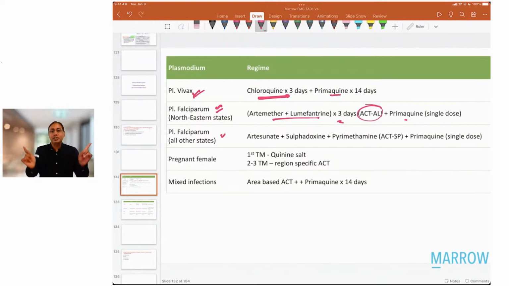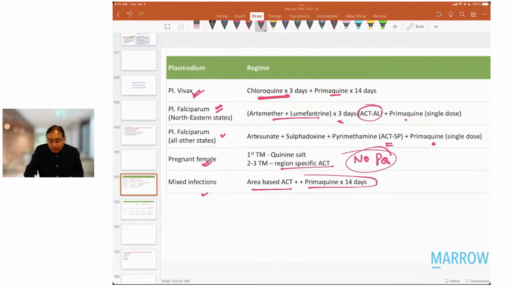Falciparum in all other states, we give ACT-SP, artesunate plus sulfadoxine plus pyrimethamine plus primaquine as single dose. In pregnant females, first trimester is quinine salts, and in the second and third trimester, we give a region-specific ACT, no primaquine. Primaquine, please note, is contraindicated in infants, it is contraindicated in G6PD, it is contraindicated in pregnant females. In mixed infections, we give area-specific ACT plus primaquine for 14 days.